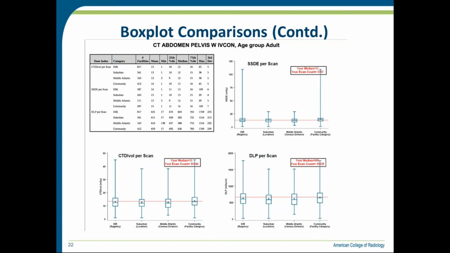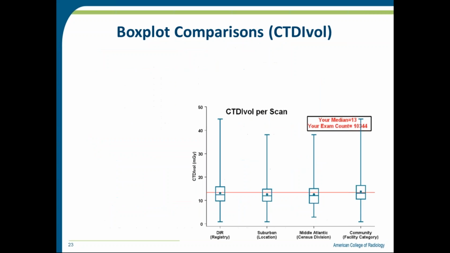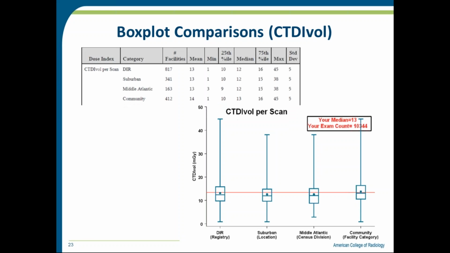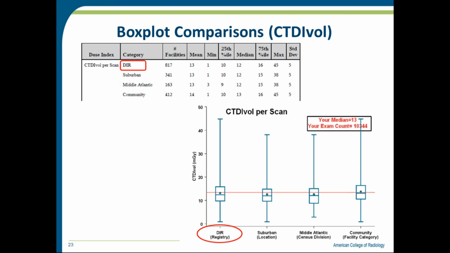So all the information that is in the box plot is also in the table. You can either read it from the box plot picture, or you can also read the number from the table. However it is more appealing to you, you can do it. This is the table, and this is a box plot in a slightly zoomed way. You can see that the first box plot is registry.